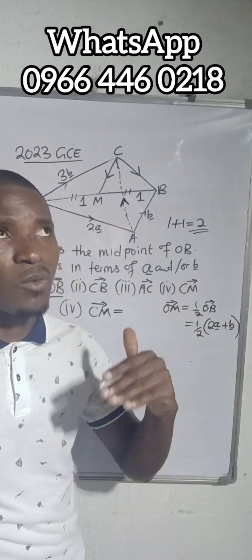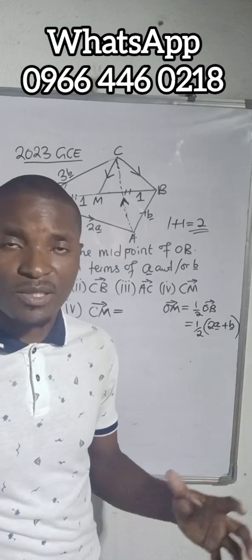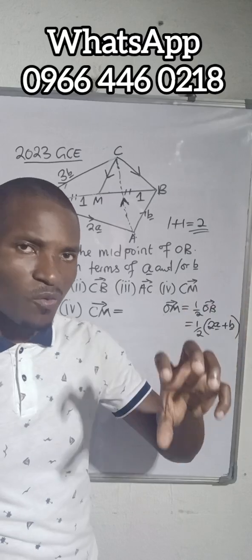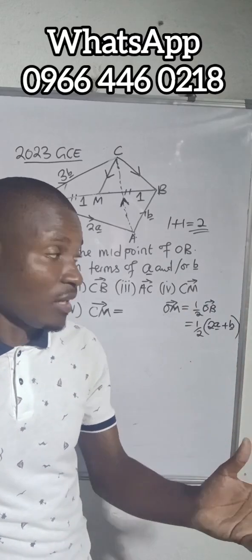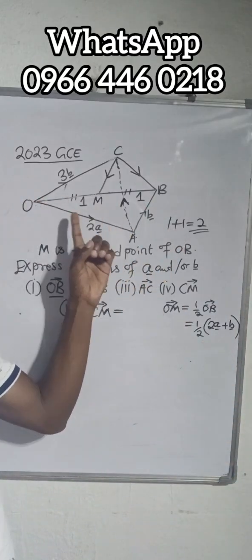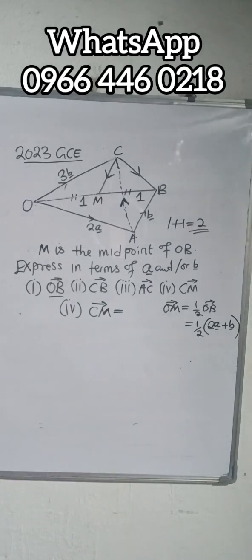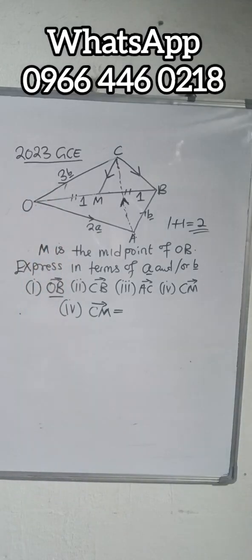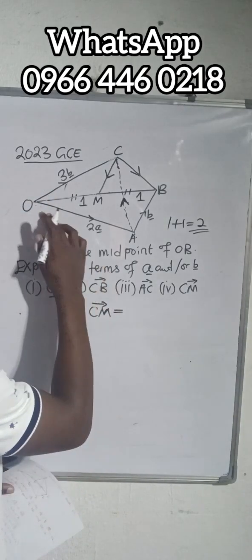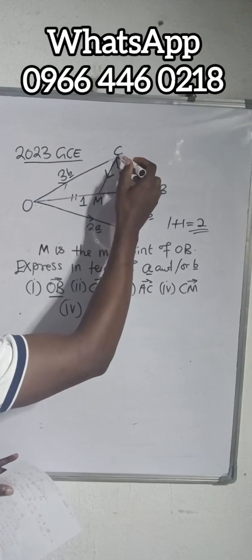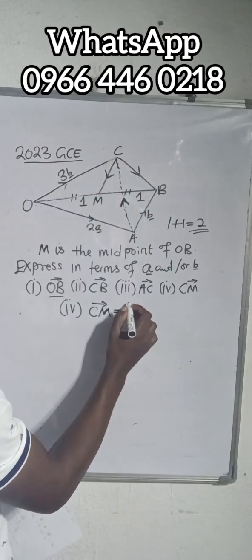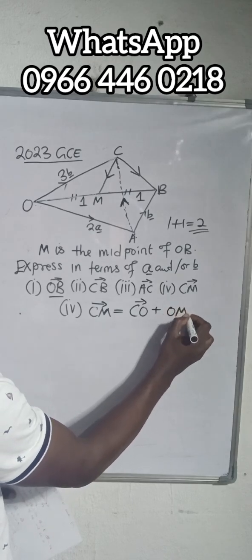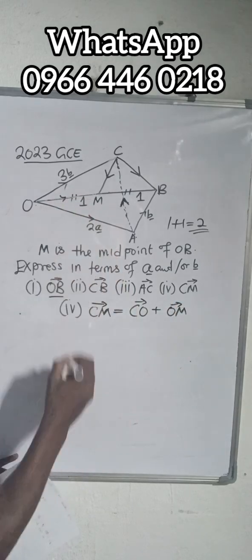So I want you to understand, whenever you come across something to do with a midpoint, you're talking about half, 1 over the total distance of that line. So the major line is OB. So now this is going to be CM equals CO plus OM.